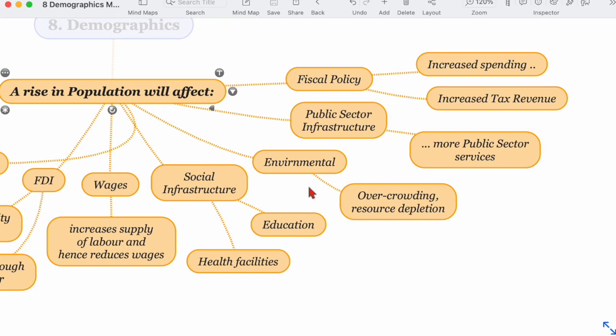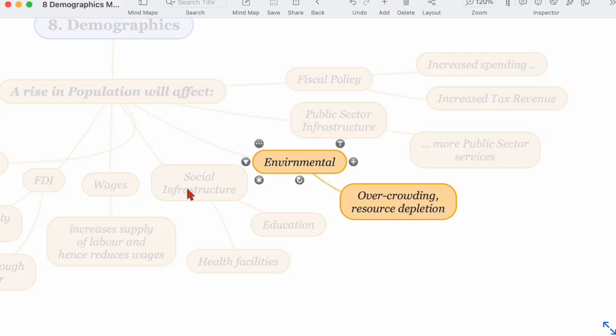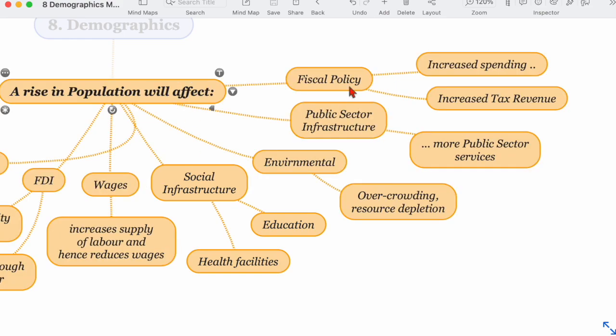And it's a public sector infrastructure as well that the population needs more housing, more sanitation, more drainage, etc. And so those three there, public sector, environment, and population, could go together. So social infrastructure could go together. And finally, fiscal policy.